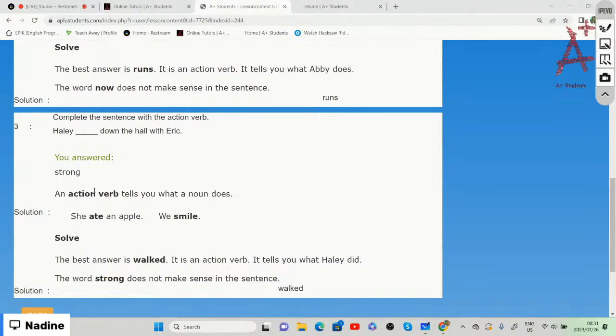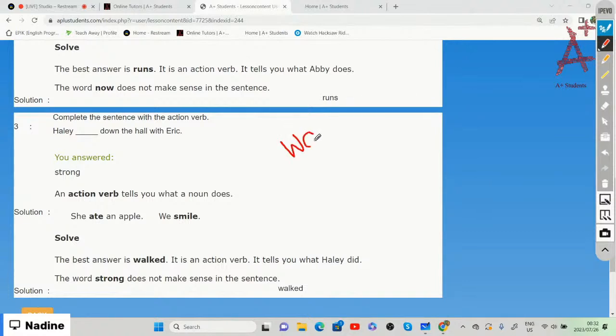So, down the hall with Eric. What do we think Haley can do? Haley can walk, right? So we could say Haley walked. And that is the form of action, or the action verb, that tells us what Haley did. So Haley walked down the hall with Eric.